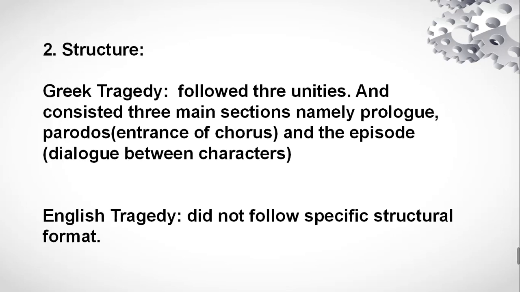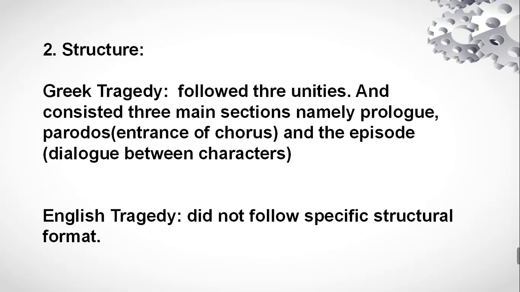The second difference is of structure. What is the structure of Greek tragedy and English tragedy? As far as Greek tragedy is concerned, it followed three unities. They consisted of three main sections: prologue, parodos, which means the entrance of the chorus, and episodes, which means dialogues between the characters.